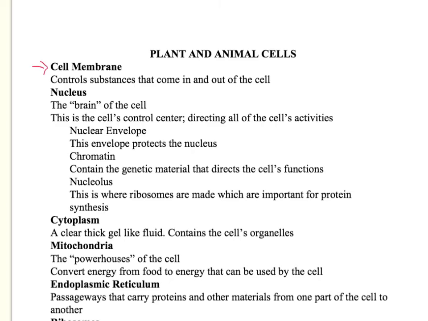So it controls any chemicals or substances that go in or out. It takes in the stuff that it needs, it throws out the stuff it doesn't. The nucleus, really important, is kind of the brain of the cell. It basically controls everything that happens in the cell, and it's like the boss of the cell. It tells everybody what to do, how to do it, when to do it.